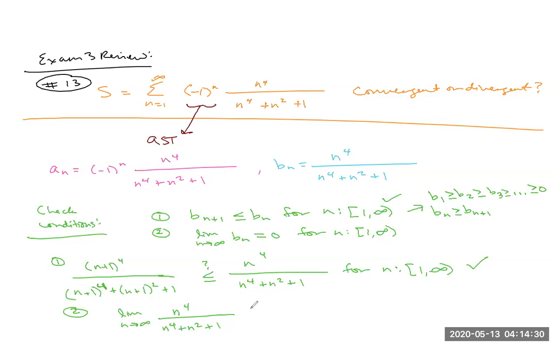Okay, so we're going to check that limit. Again, you can go ahead and divide top and bottom by n to the fourth each term. So then what we get here is the limit as n goes to infinity of 1 divided by 1 plus 1 over n squared plus 1 over n to the fourth.